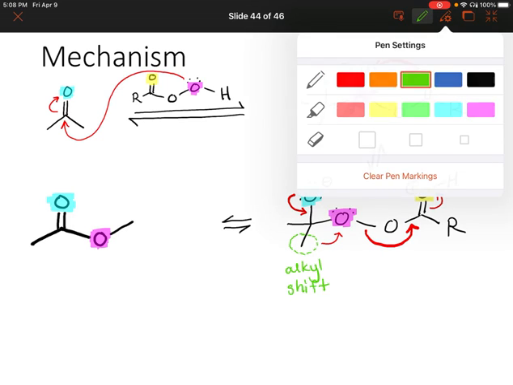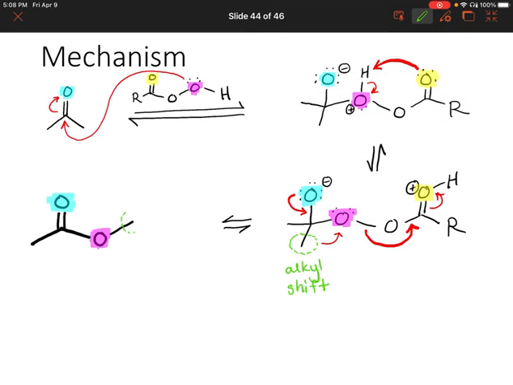And then I'll also draw a little circle around the alkyl group that shifted. Okay, and then our other product, we have a carboxylic acid. So the yellow oxygen is part of the carboxylic acid.